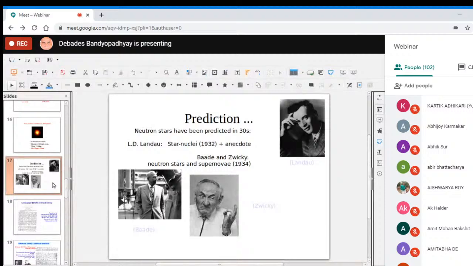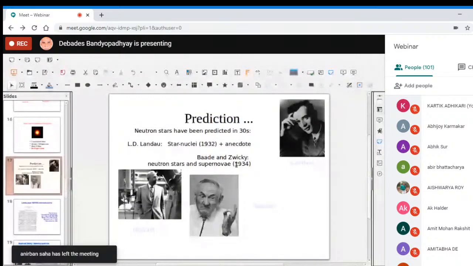So you can see it is coincidental, though Landau wrote that paper quite earlier. And the other two, they made some predictions in 1932. I will show you that prediction. But it is after the discovery of the neutron.